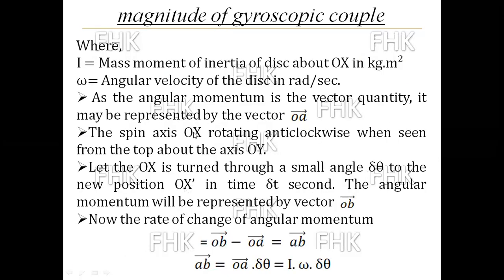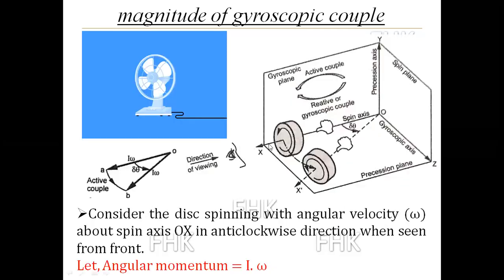Then the spin axis OX is rotating about the axis OY in the clockwise direction when seen from top. Now your position will be here, seen from top.